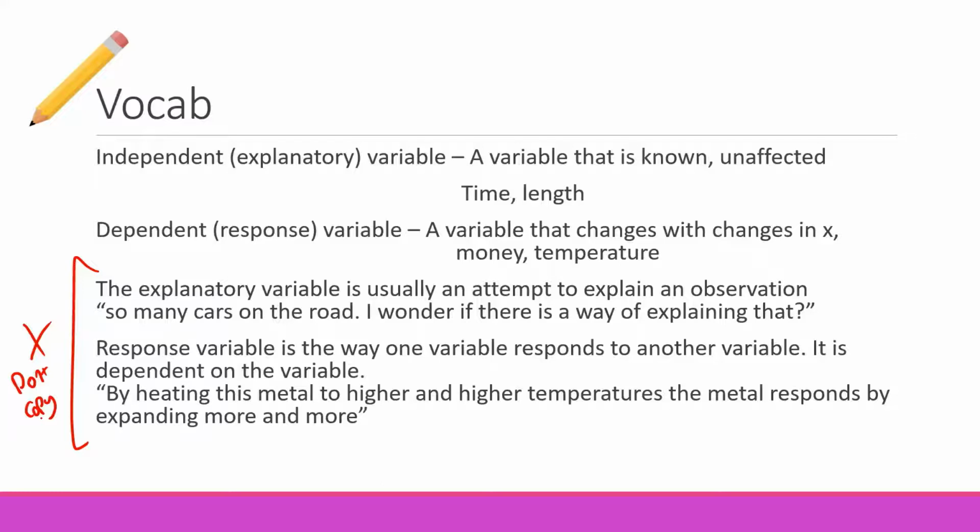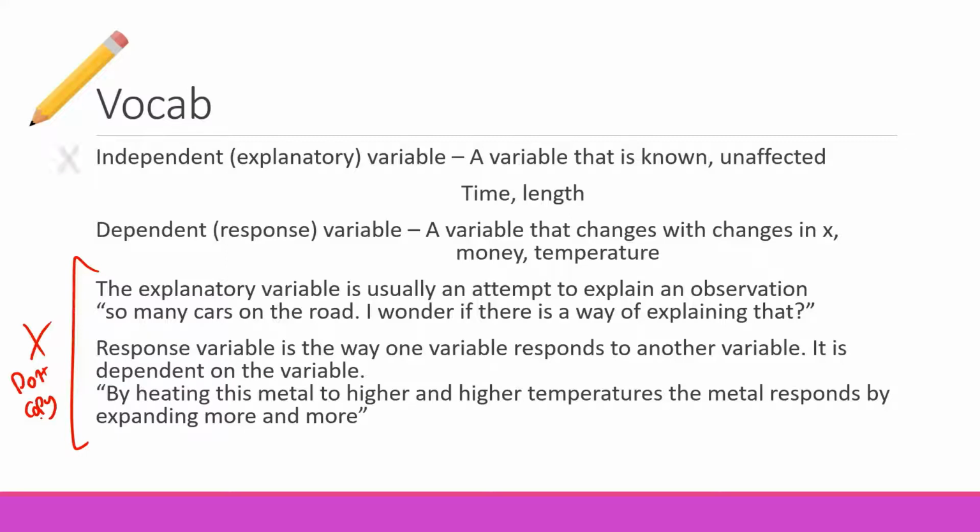So in that case, the response is how that changes. So the metal is responding to the heat. So you could say the metal's expansion is linked to the heat, and so on and so forth.